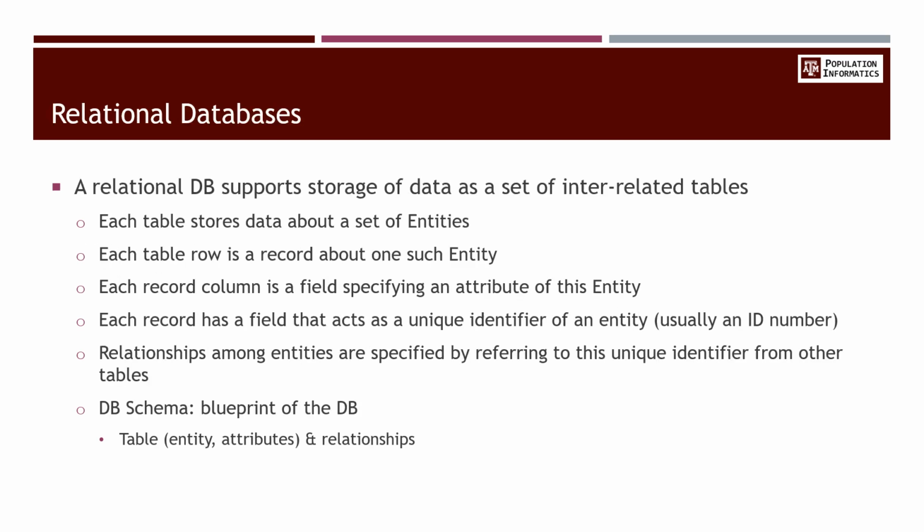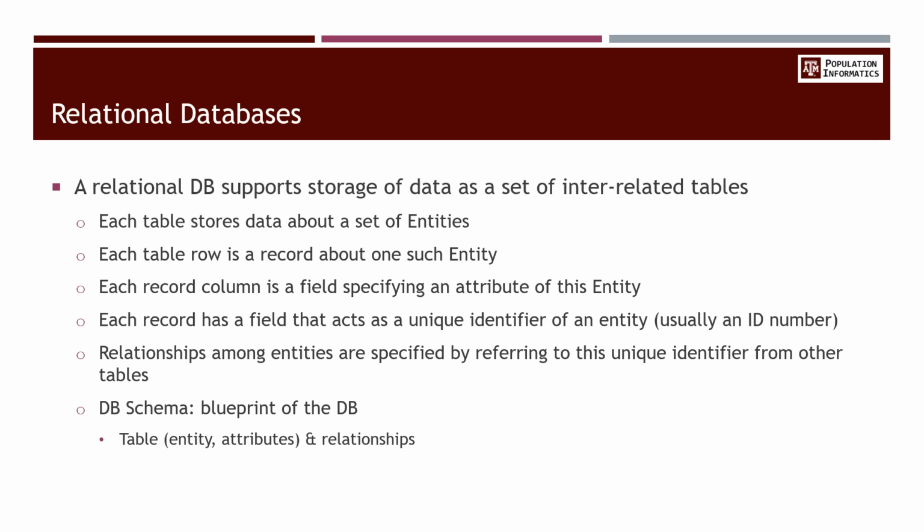In comparison, a relational database supports storage of data as a set of interrelated tables that strictly follow all the rules. Each table stores data about a set of entities. Each table row is a record about one such entity, and each record column is a field specifying an attribute of this entity.